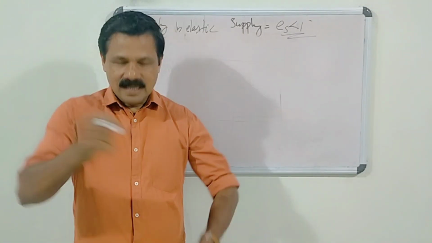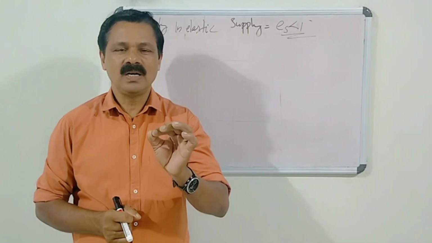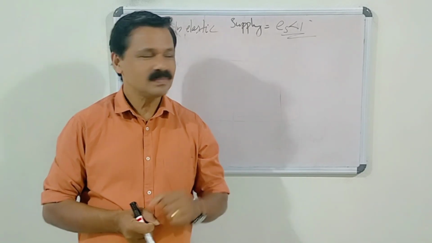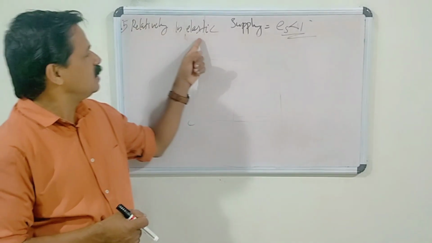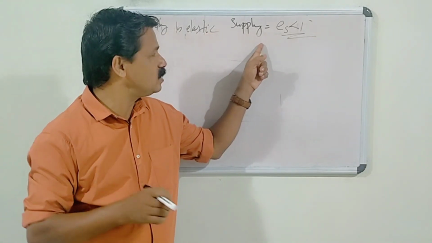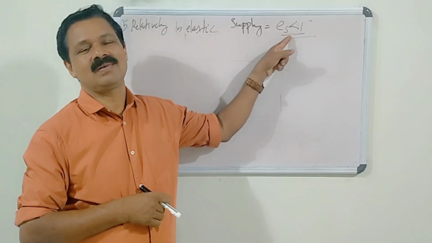The fifth type of elasticity of supply is relatively inelastic supply. Here the value of elasticity is less than 1.